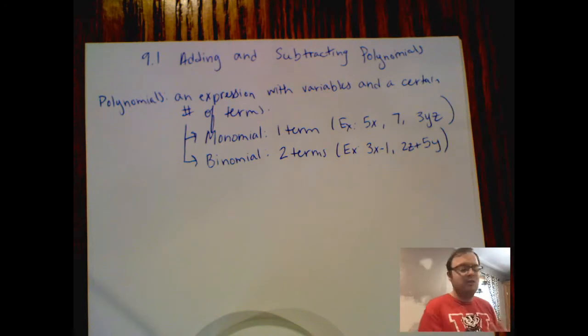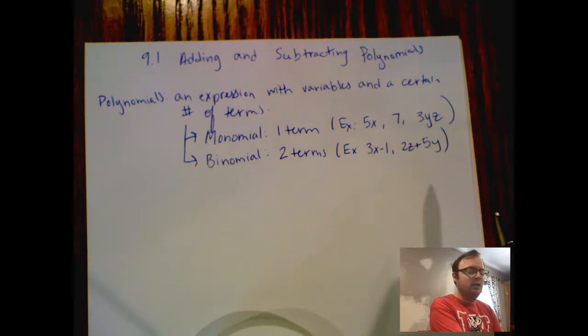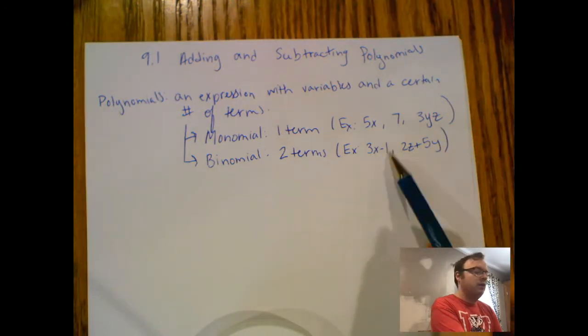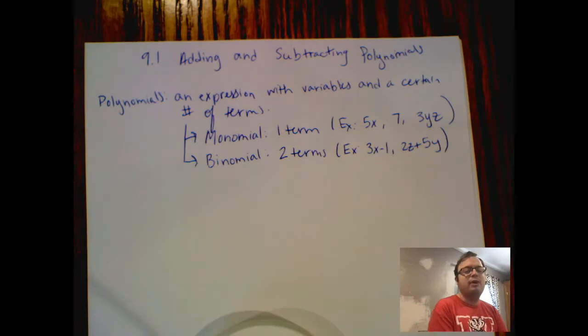In each of these I have two terms: 3x and minus 1 are each one term in that binomial. 2z and 5y are two terms, which tells me I have a binomial.